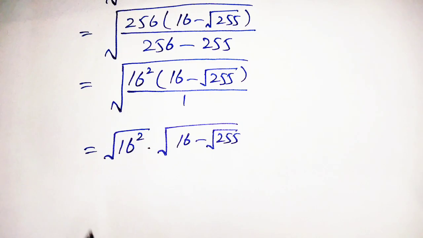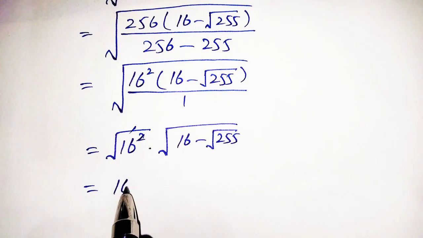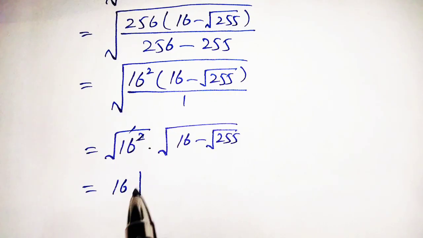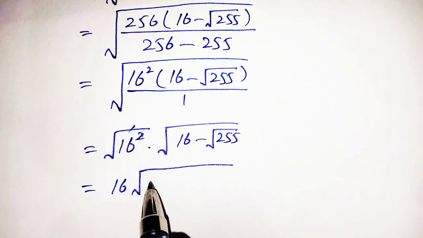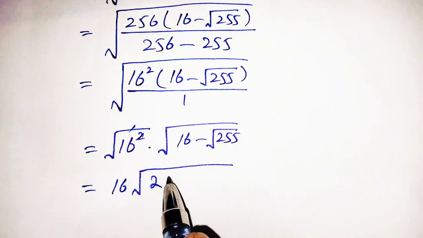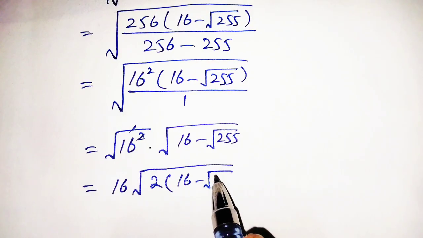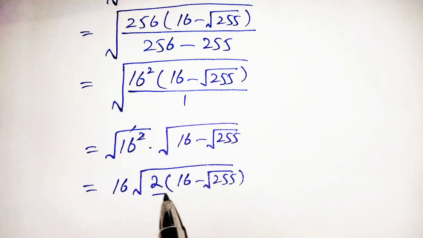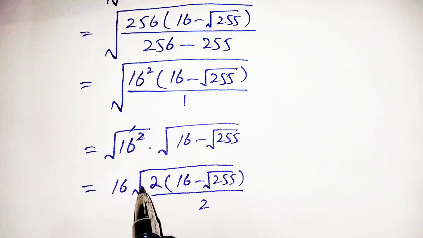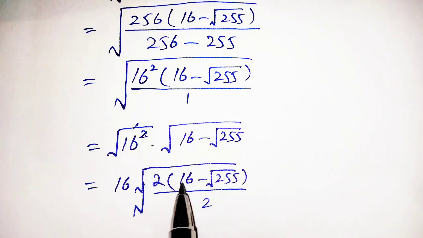Now this square will cancel out with the square root, and we will get 16 here, and in the square root we will multiply and divide by 2, to get 2 times 16 plus square root of 255 over 2. We are doing this to make a complete square inside the square root.